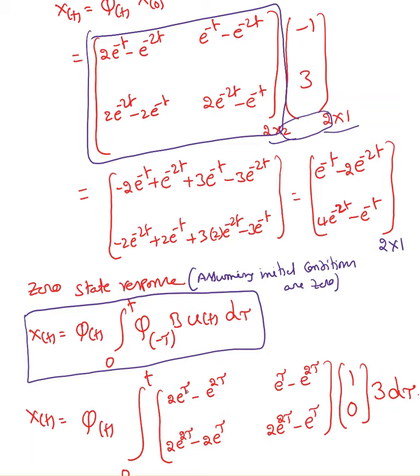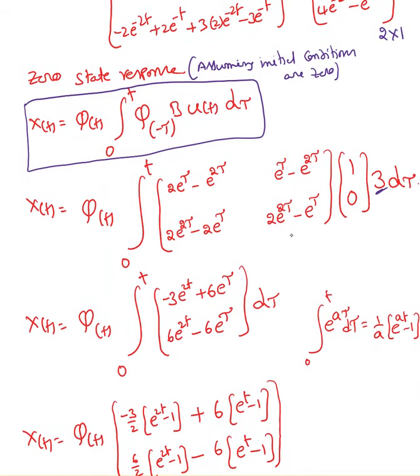So 2e to the power of minus t becomes 2e to the power of tau. So every t is replaced with minus tau. And B is 1, 0 and u of t is 3. That is given. So I did the multiplication and I end up with this inside the integration. Now I'm going to integrate each individual term.